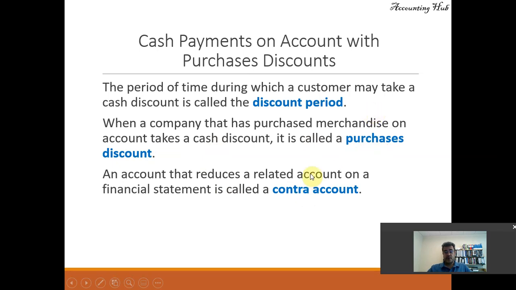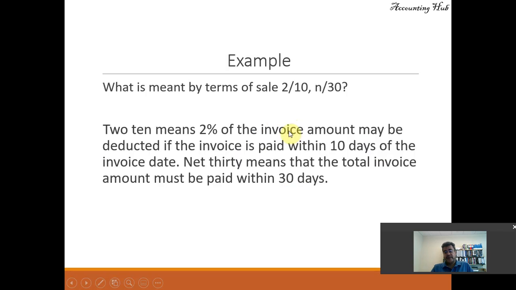So here, what do we have? For instance, when I see 2/10, n/30, what does it mean? It means that 2% of the invoice amount may be deducted if the invoice is paid within 10 days of the invoice date.